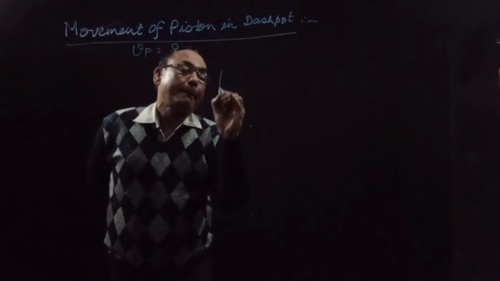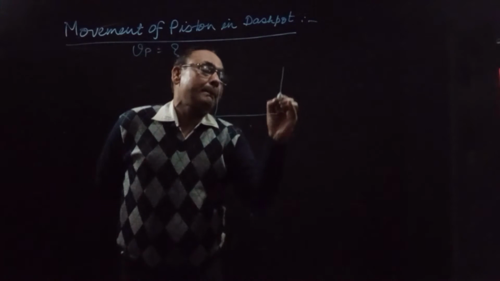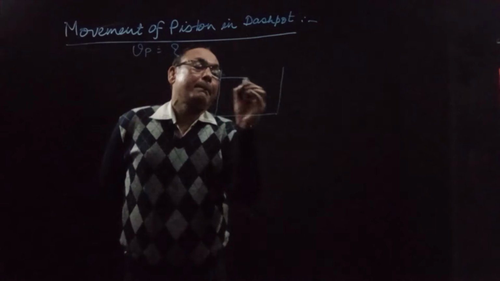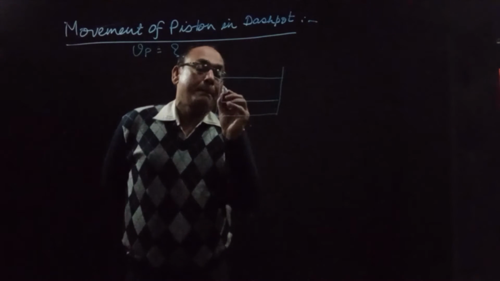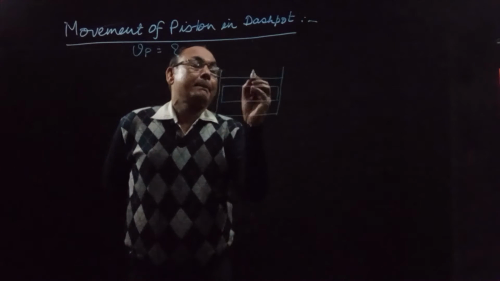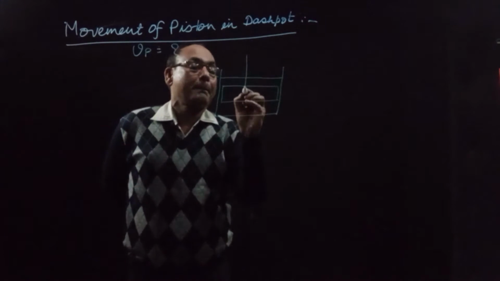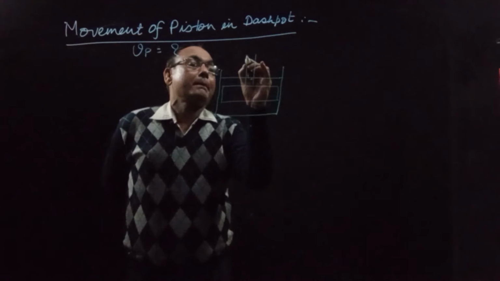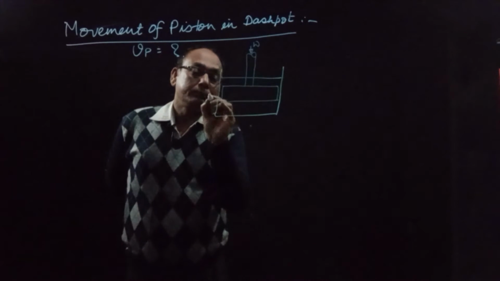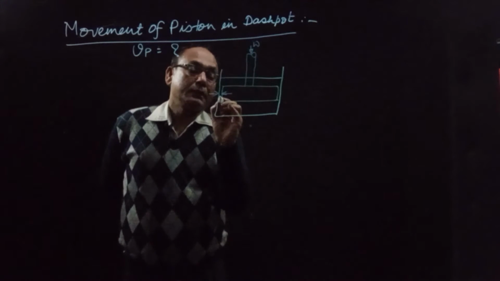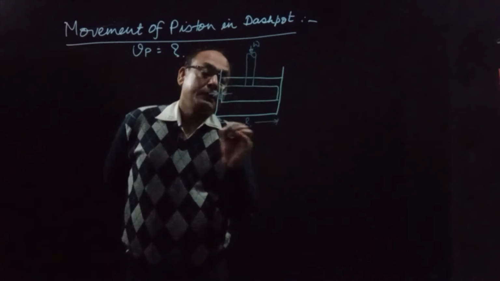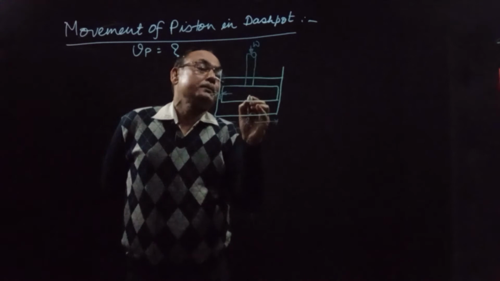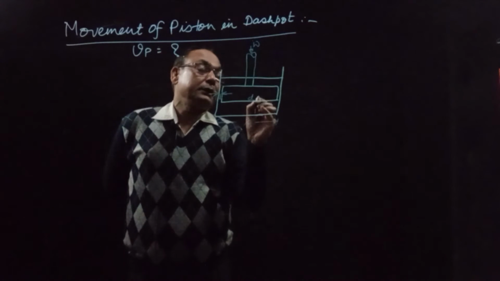In the cylinder, this is B, this is the length, and this is the diameter.